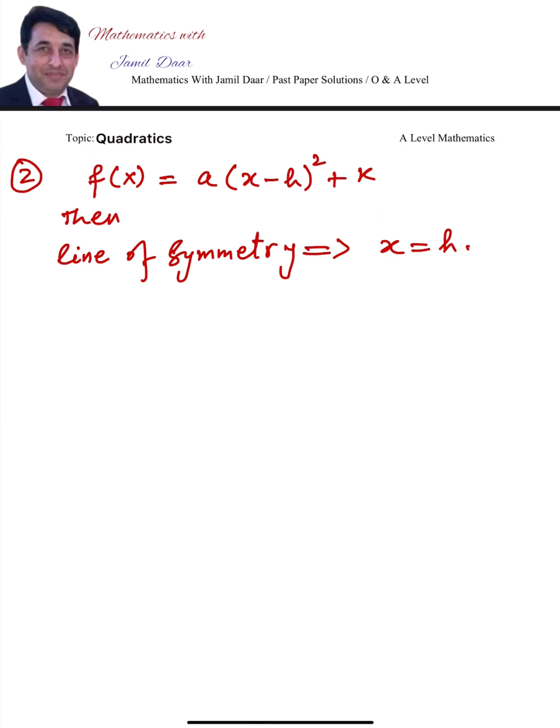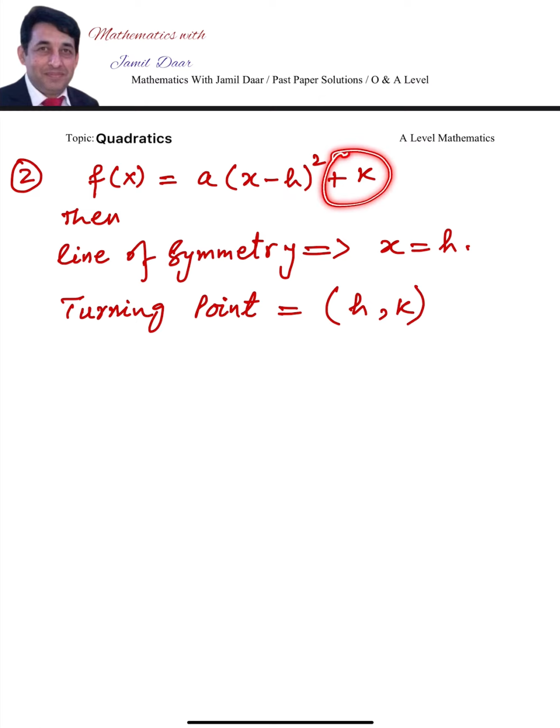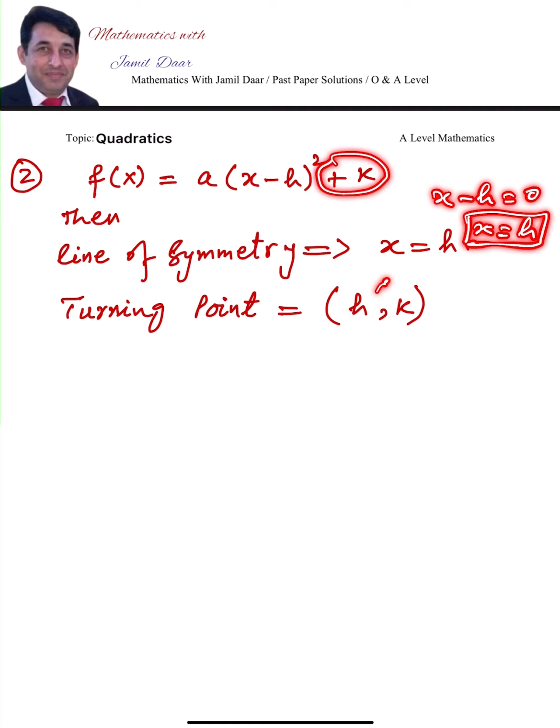So turning point would be (h, k). You substitute x minus h is equal to 0, x is equal to h. This is your line of symmetry. And then the last constant, that would be (h, k), is your turning point.